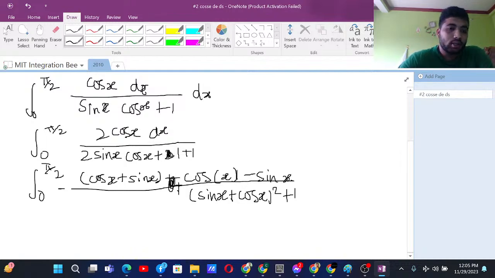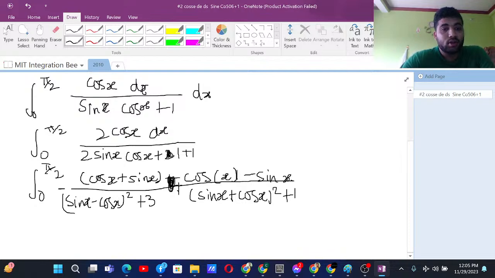Yeah, so in that way we have to introduce a plus 1 and do it minus 3, and then we will have sin x minus cos x whole square, and then that minus 3. But when minus is taken out common, we'll have plus 3 over here. Okay, I guess you understood this. We are just breaking this into two fractions. Since now we have the derivative of this expression in the numerator, that makes it simpler.